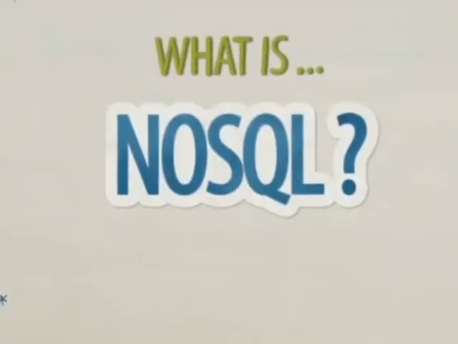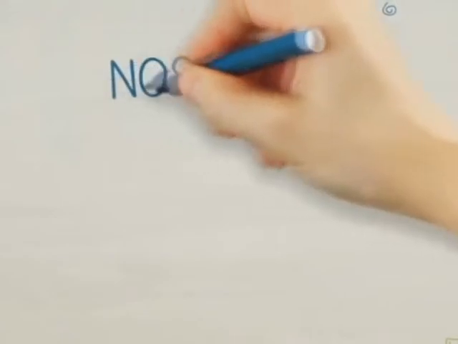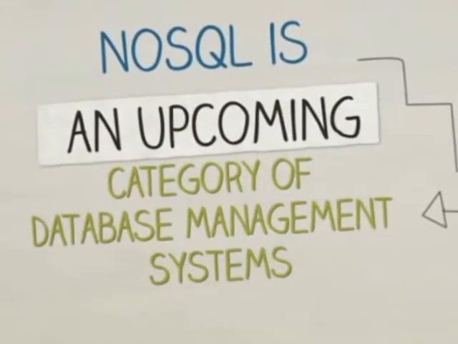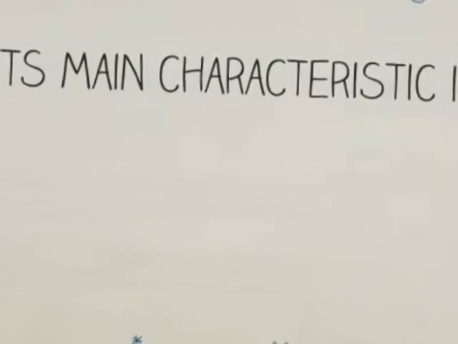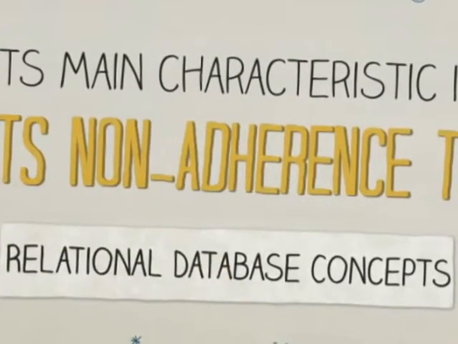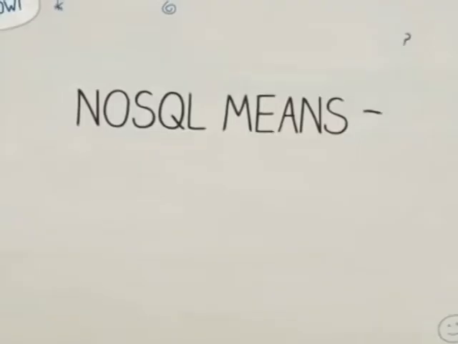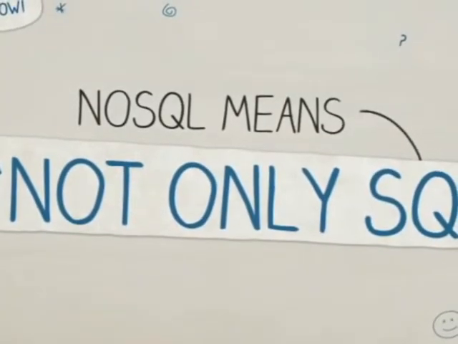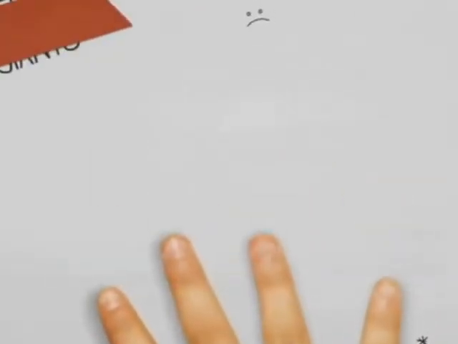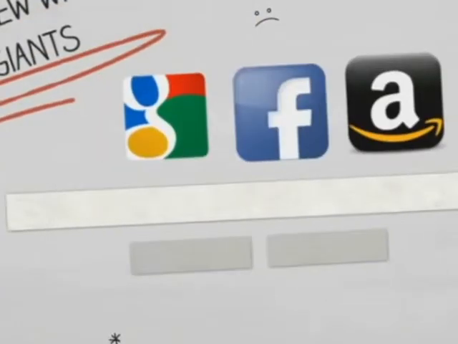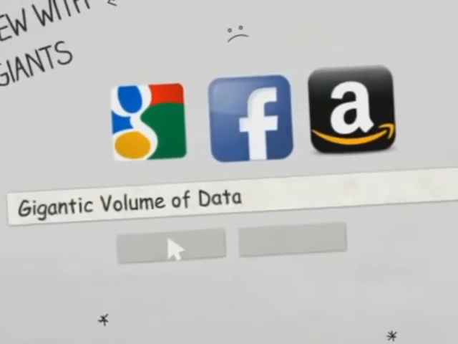What is NoSQL? NoSQL is an upcoming category of database management systems. Its main characteristic is its non-adherence to relational database concepts. NoSQL means not only SQL. The concept of NoSQL databases grew with internet giants such as Google, Facebook, and Amazon, who deal with gigantic volumes of data.